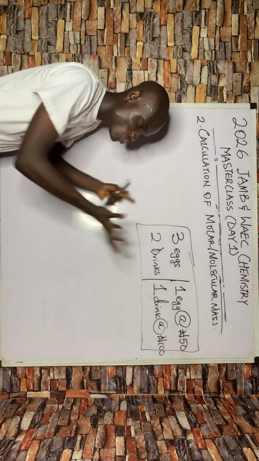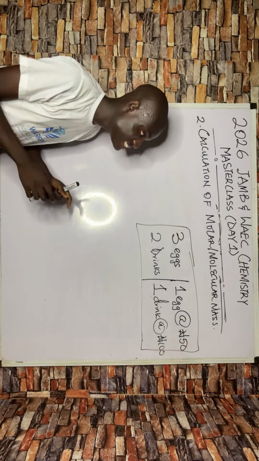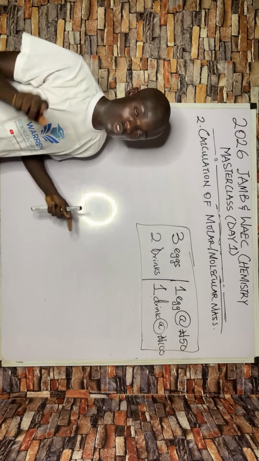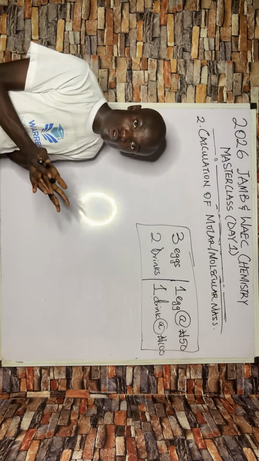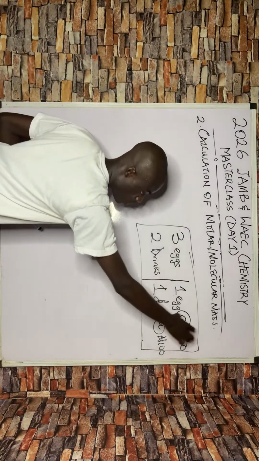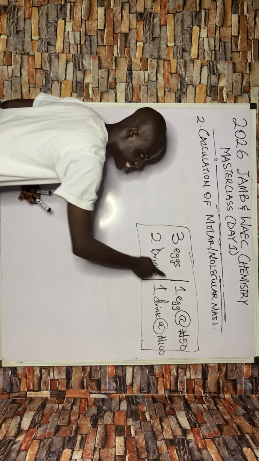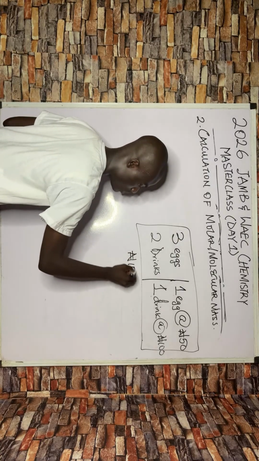So what is the cost of everything? If this happens in chemistry, we'll call this the molecular cost. But since we are talking about mass in chemistry, we'll call it the molecular mass. For example, since 1 egg is worth 15 naira, the 3 eggs will cost 45 naira.